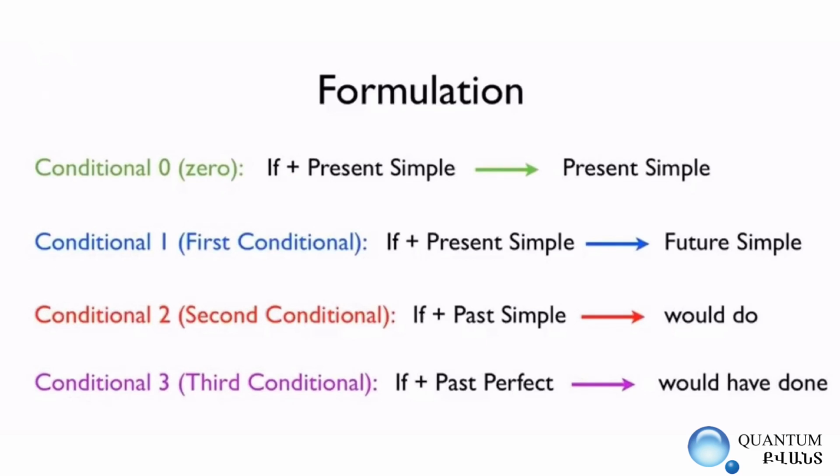Third conditional. In the if clause we have past perfect, and in the main clause we have would have done. Here we are to remember that the if clause can be either in the first part or the second part of the sentence. Now let's have a more detailed look at each conditional separately.